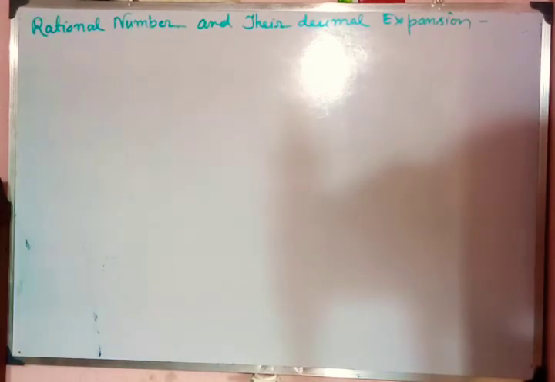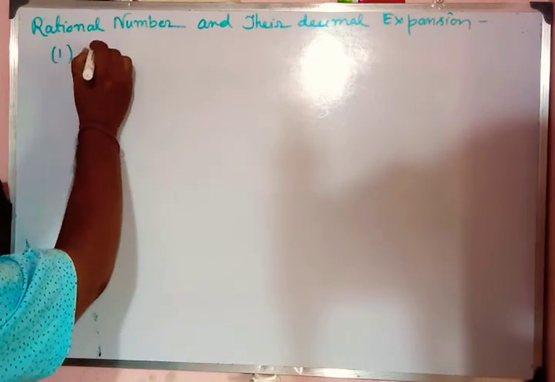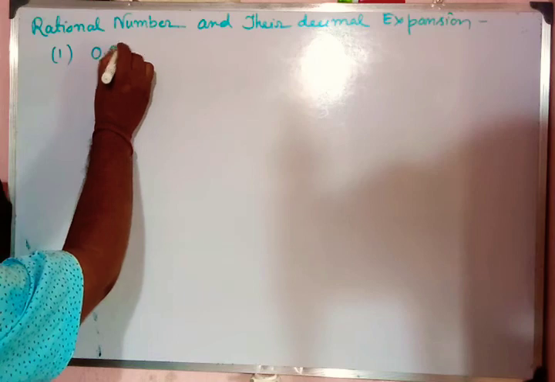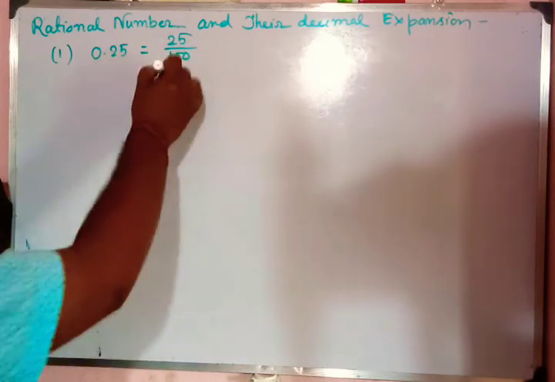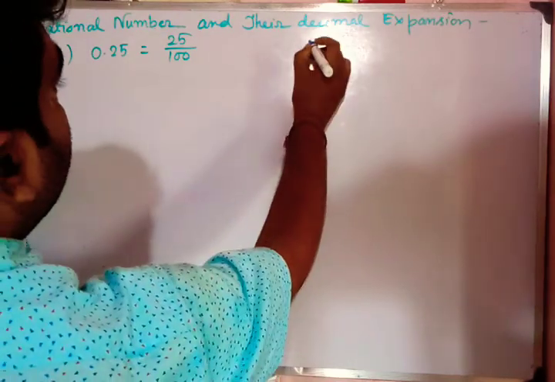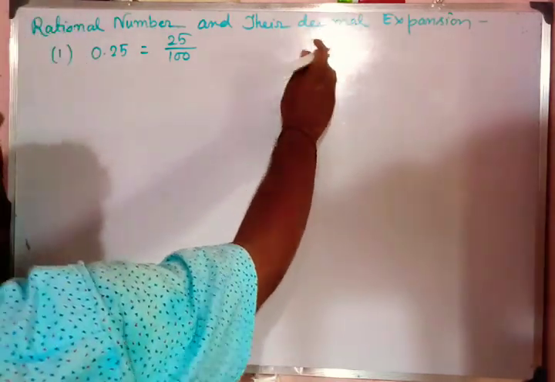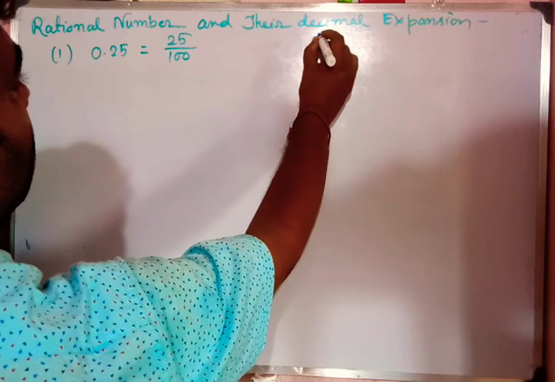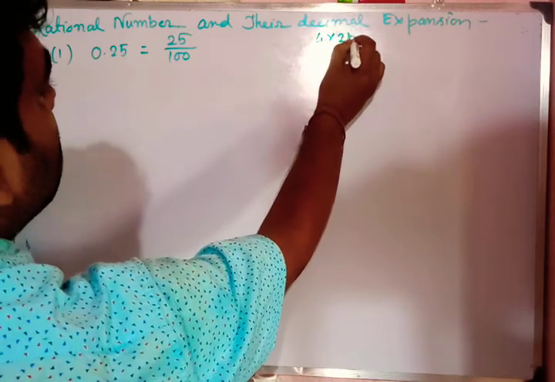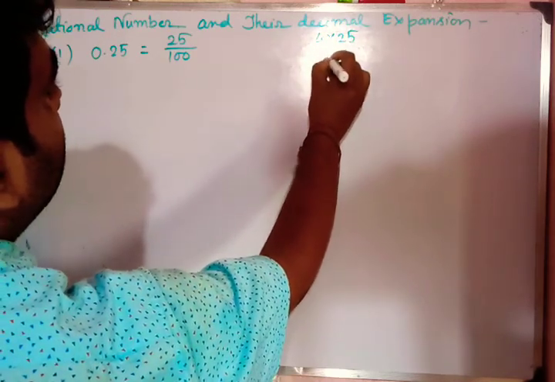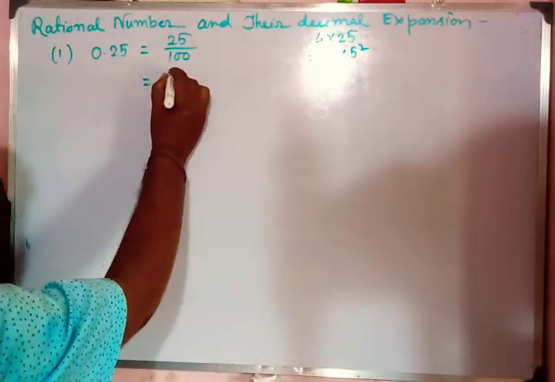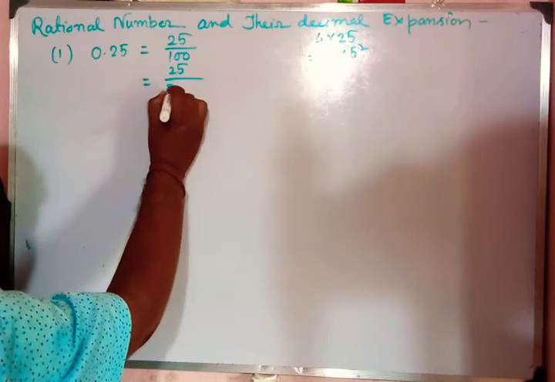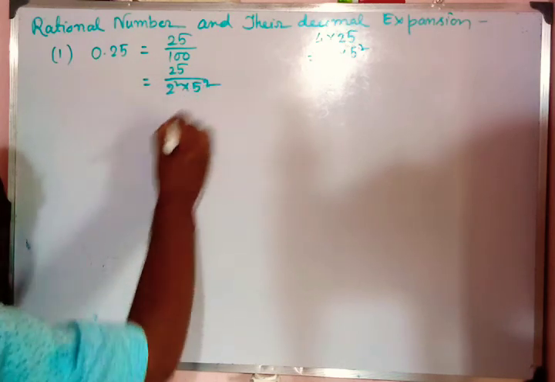As you can see from the board, suppose we are taking one decimal number 0.25, that means 25 by 100. If we factorize 100, we get 4 into 25, that means 2 square into 5 square. So that's equal to 25 by 2 square into 5 square.